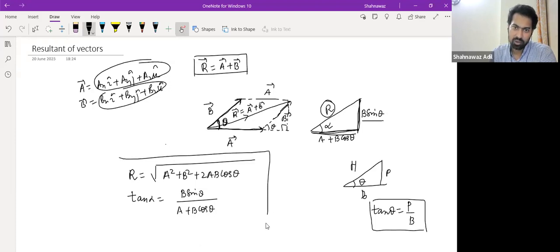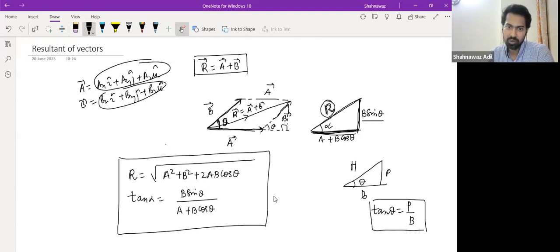So this is the resultant of two vectors, and the angle between the resultant and one of the vectors A, the angle between R and A. So this alpha is the angle between the resultant and one of the vectors, and this is the magnitude of the resultant.